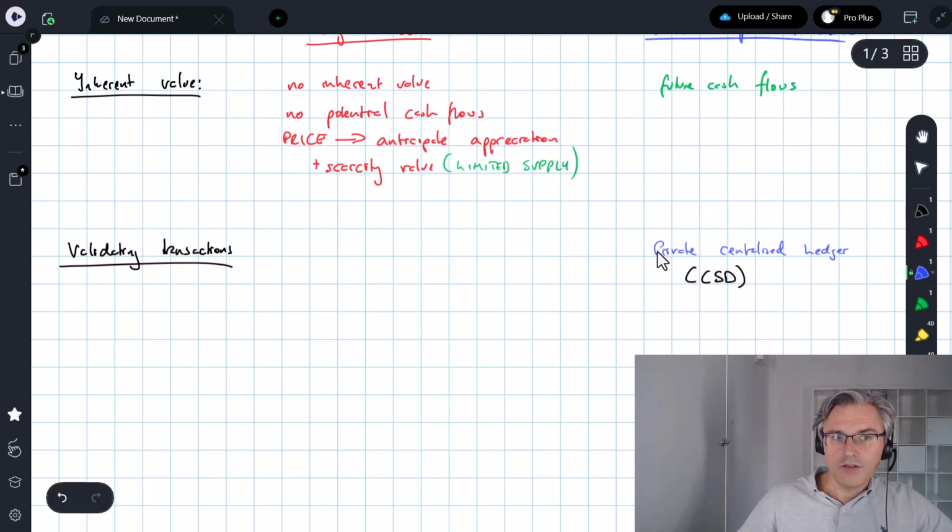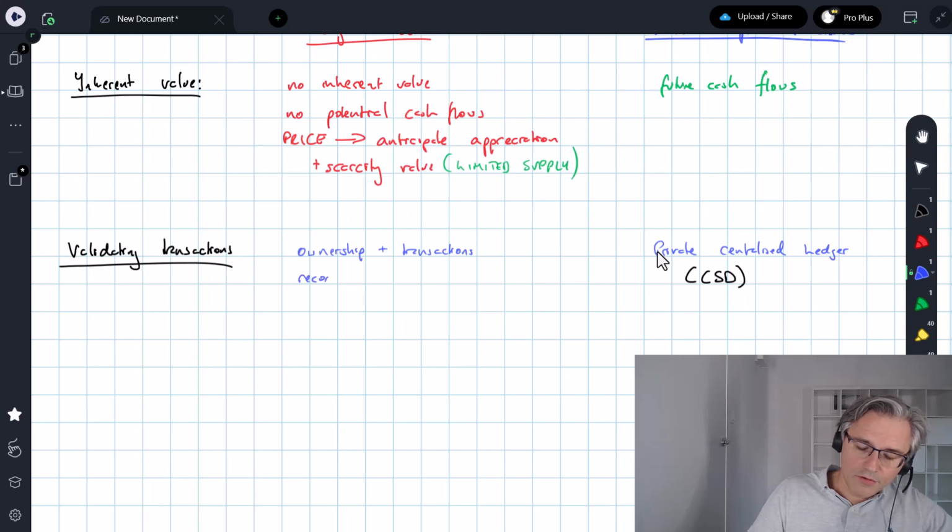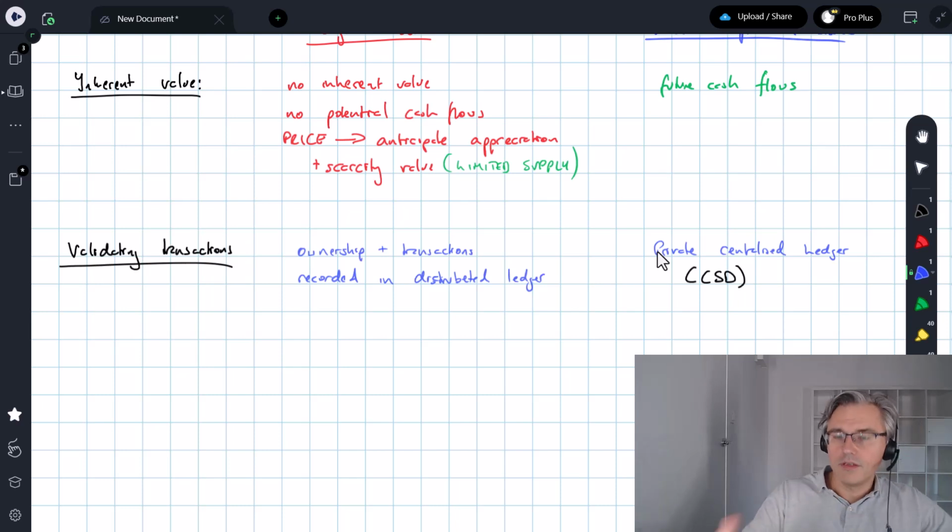With digital assets, and this is what we discussed quite heavily in the previous video, ownership and transactions are recorded in a decentralized distributed ledger, which by its virtue is not centralized, it's decentralized.